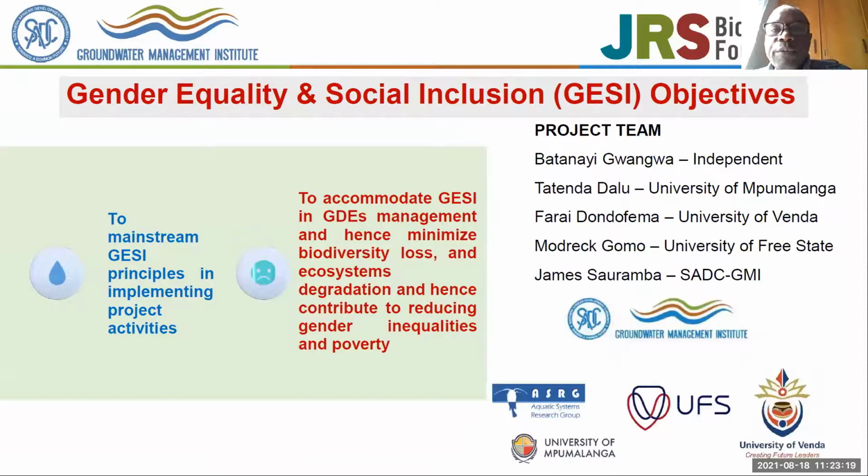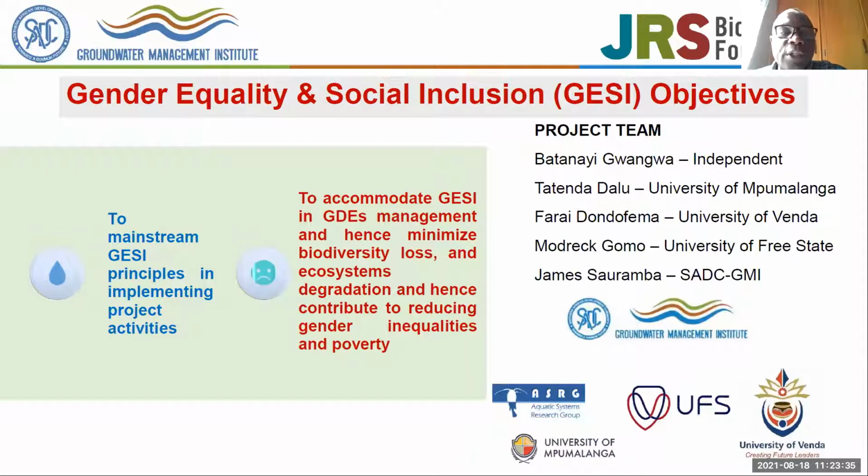And finally, we also have gender equality and social inclusion. As you know, GDEs and the wetlands and ponds that we are studying are very important water sources for communities.